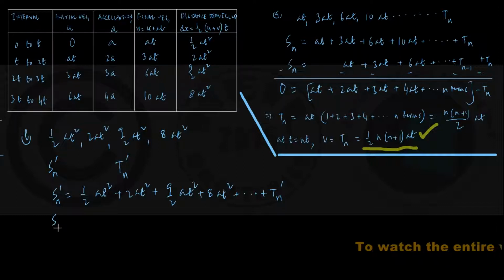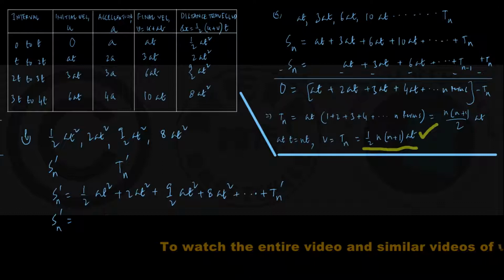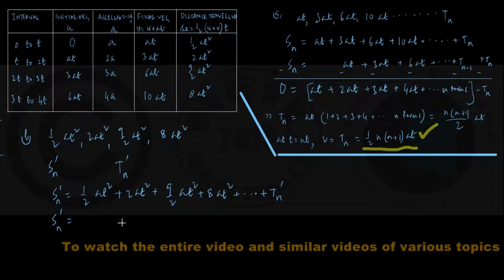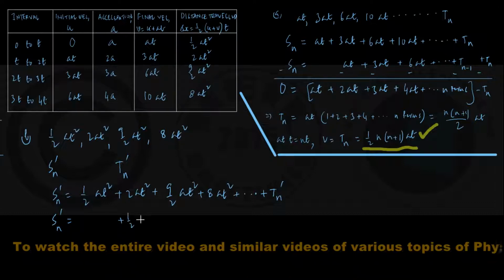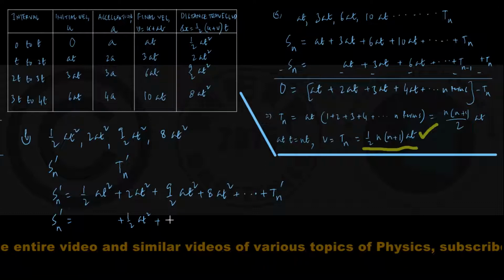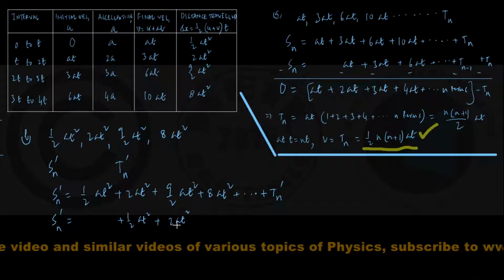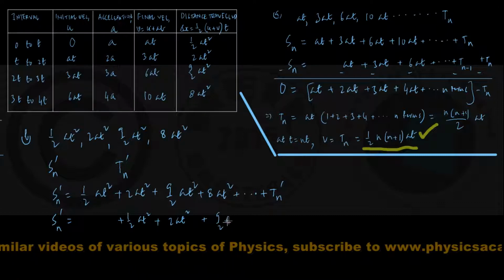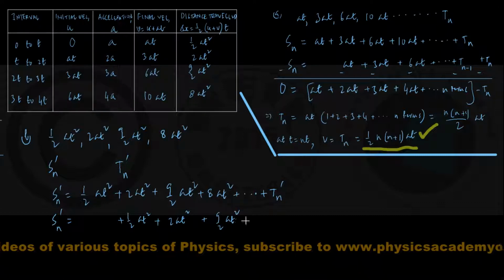Once again, I write this Sn dash, the same technique as done in part A of the problem, writing the same summation, but this time just shifting the terms one place to the right. So the first place is kept vacant. I shift half at square below 2 at square, then 2 at square is coming below 9 by 2 at square, 9 by 2 at square is coming below 8 at square, and so on.